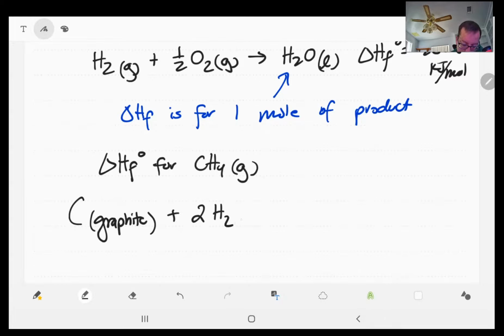We need 2 hydrogen molecules, and we'll make 1 mole of methane. So it's just taking each element that is part of a compound, putting them together in their standard states. I'll show you a table for all that. And this one happens to be, I hope it's on this list, it is negative 74.8.